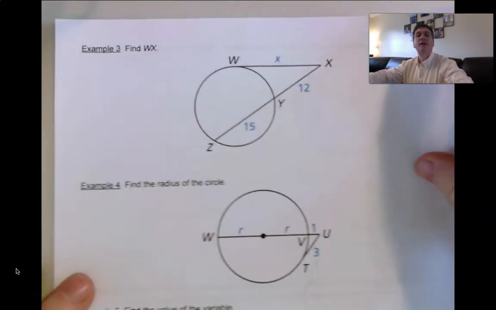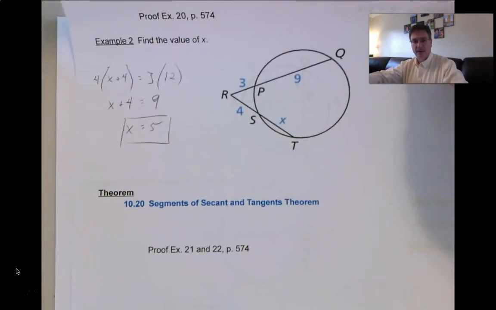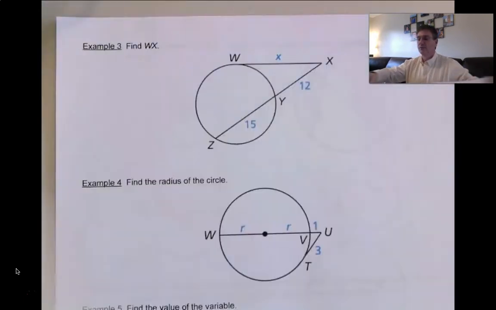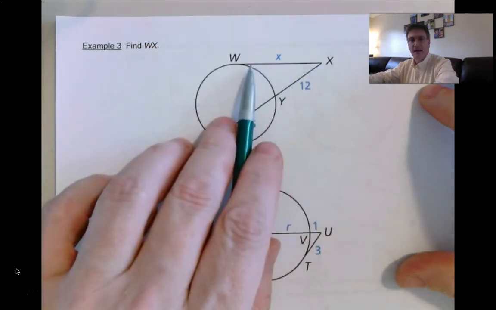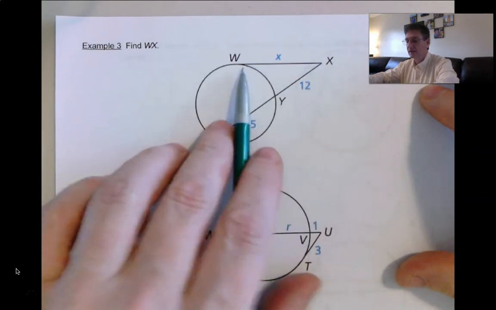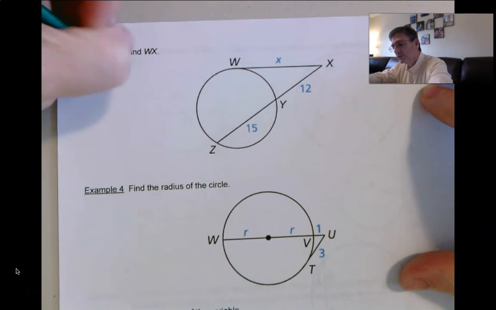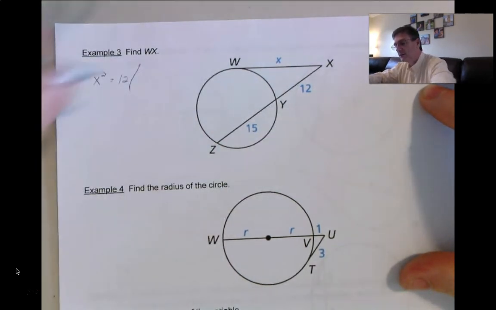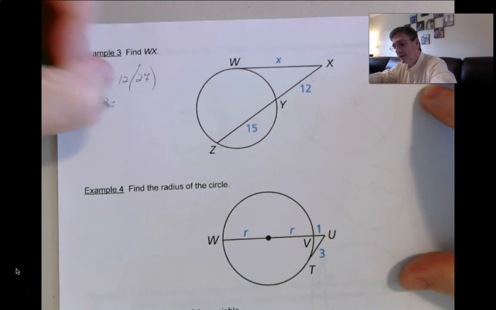Example 3. I know we have another theorem about secants, segments of a secant and a tangent theorem. But really, if you just think of the tangent as the external part and the entire part being the exact same thing, that's how you get x squared. So x squared is equal to 12 times 12 plus 15, 27.